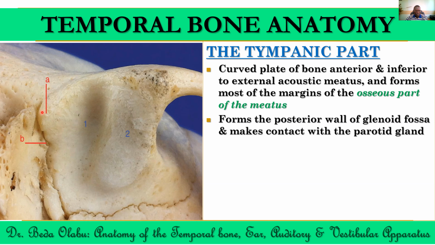This image shows you the tympanic bone here, which is forming part of the posterior wall of the glenoid fossa, as you can see. Remember, this is the post-glenoid tubercle, but now this is the tympanic bone.